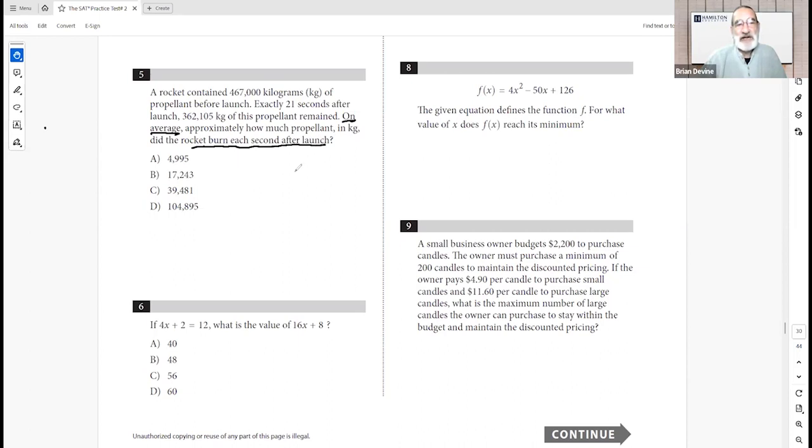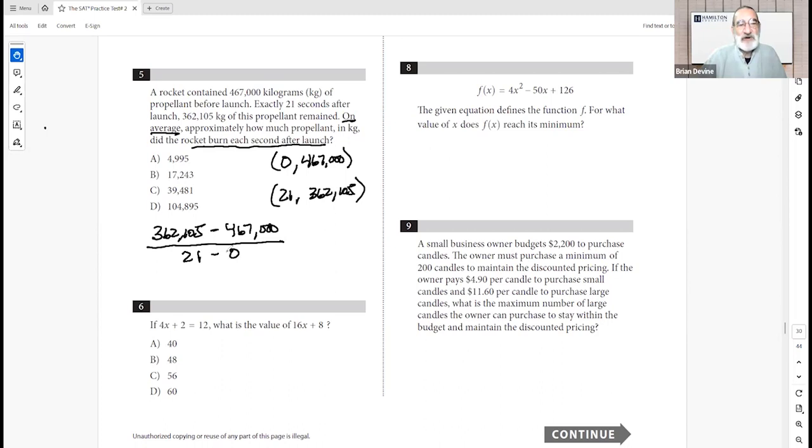Well, this is a linear idea because they gave me at time 0, I had 467,000 kilograms of propellant. And at time 21, I had 362,105 kilograms. So if I take the change in y, i.e. kilograms, I'm going to have 362,105 minus 467,000 over 21 minus 0, respectively.